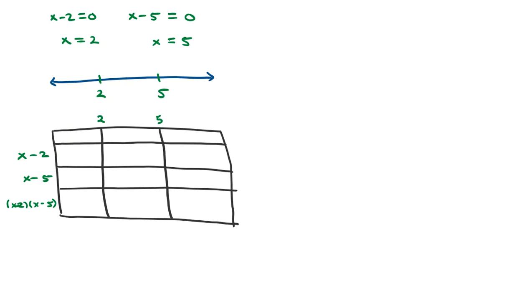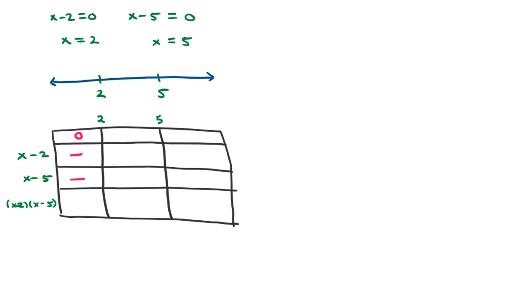I'll go in order from left to right. I'm looking at the region that's to the left of 2 on the number line. An easy value to pick from there would be 0. If you plug 0 into the factor x minus 2, you get a negative value, in particular negative 2. If you plug 0 into the factor x minus 5, you get negative 5, which is a negative value.